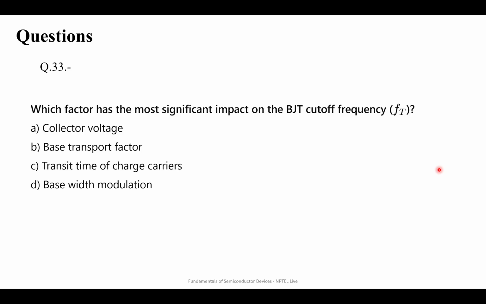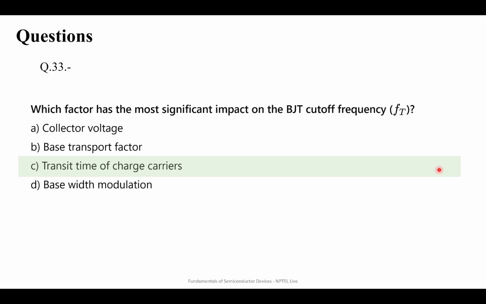Which factor has the most significant impact on the BJT cutoff frequency FT? Collector voltage, base transport factor, transit time of charge carriers, base width modulation. So the answer to this is actually C, the transit time of charge carriers.